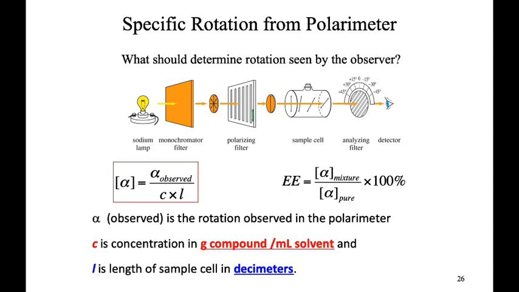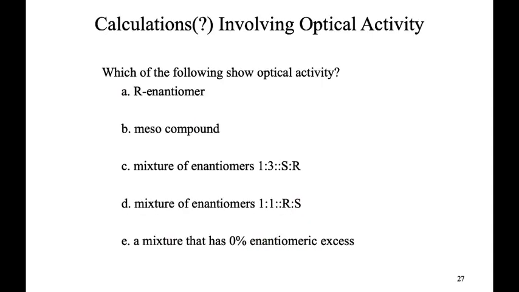So if you had a perfect system, your enantiomeric excess should be 100%, which means the rotation of the mixture should be the same as if it was pure. This can allow you to do a whole bunch of calculations if you so wanted. You probably don't want to, so don't stress. Let's think about how we could ask questions about this.